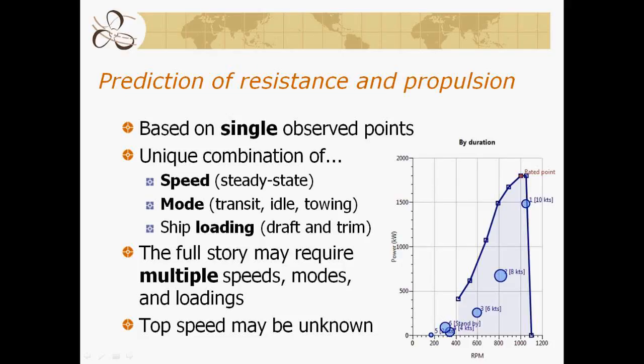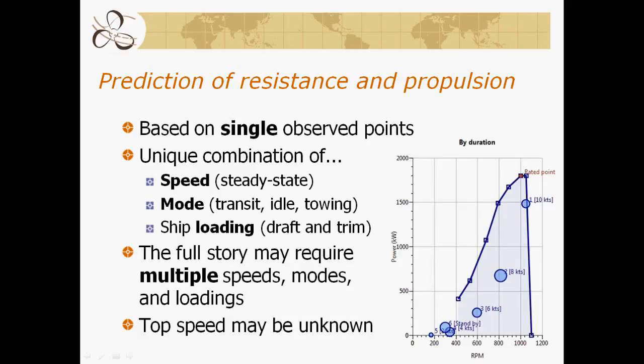Now, as we step back and consider the prediction of resistance and propulsion in general, whether it be by model testing, even full-scale sea trials, CFD analysis, or parametric studies, they're based on single observed points. And each point is a unique combination of speed.